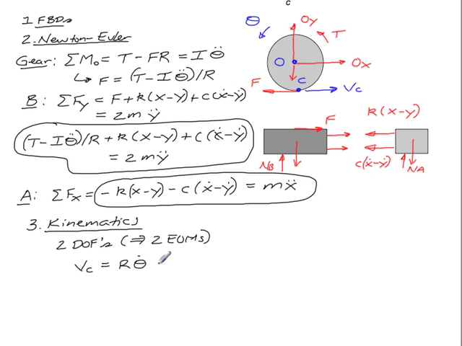But the no slip between the gear and rack B says that the velocity of C on the gear is the same as the velocity of C on B. So therefore the velocity of B is written as y dot.